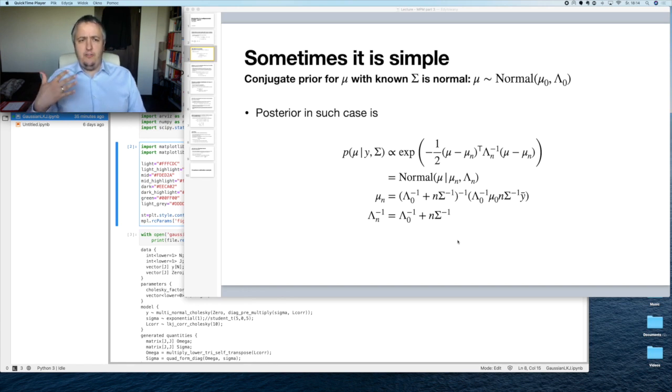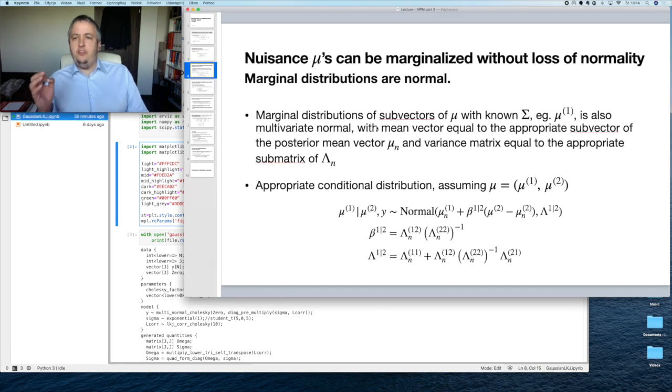So the situation is very simple, very easy to handle, and because of that we can easily compute the posterior distribution. But life is even easier because we can marginalize the distribution very simply. The issue with marginalization is that we sometimes lose the analytic solution, or we lose the convenient form of the posterior when we marginalize.